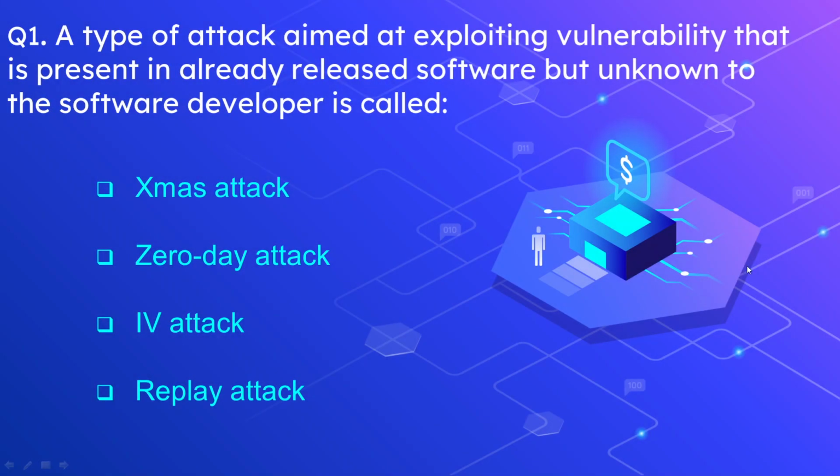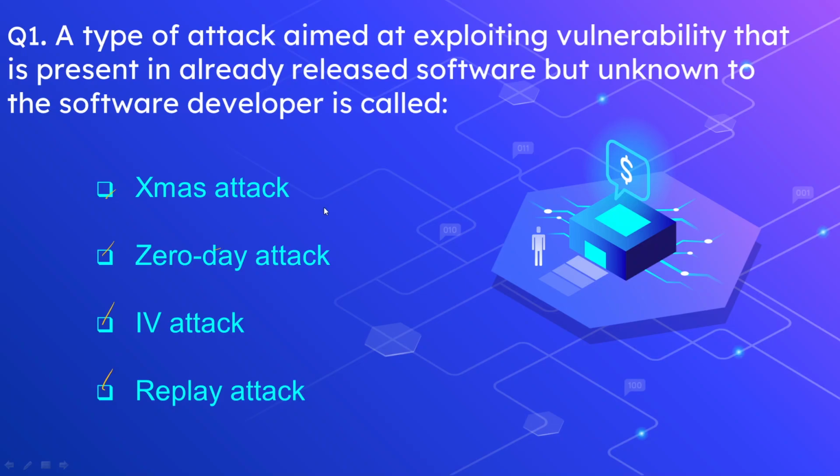So question number 1 in today's video is: a type of attack aimed at exploiting a vulnerability that is present in already released software but unknown to the software developer is called. And the options are Christmas attack, zero-day attack, IV attack, or the replay attack.